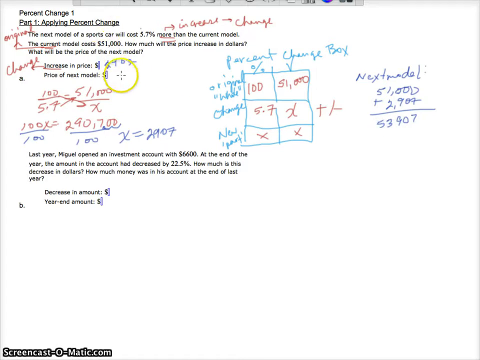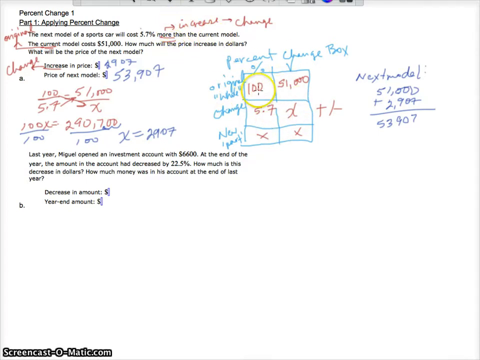So my next model, not only does it go up by $2,907, the next model is actually $53,907. So to set up your percent change box, make sure you read it very carefully and plug in the information where it goes.